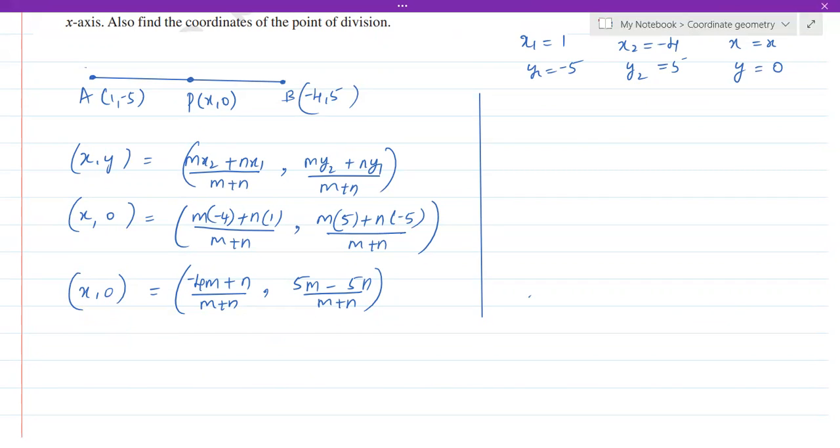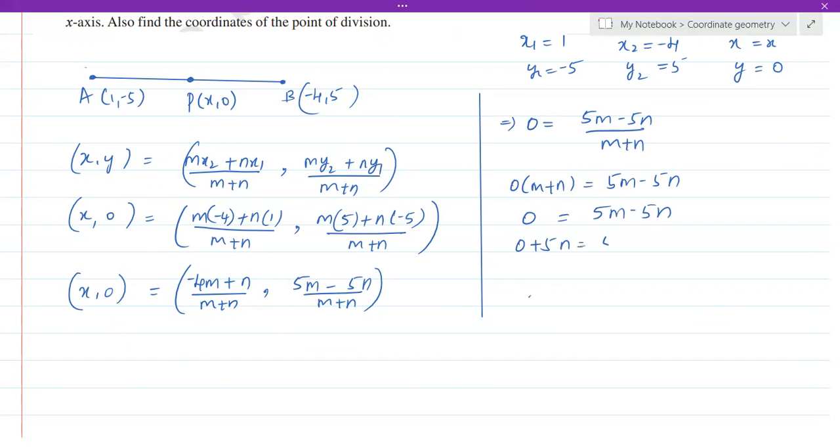Okay. So which implies 0 is equal to (5m minus 5n) divided by (m plus n). Cross multiplying, 0 into (m plus n) is equal to 5m minus 5n. We know that 0 into anything is 0. So 0 equals 5m minus 5n. Send minus 5n to the other side. So 0 plus 5n is equal to 5m.